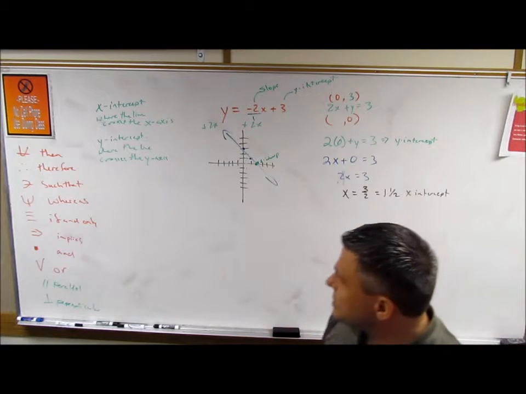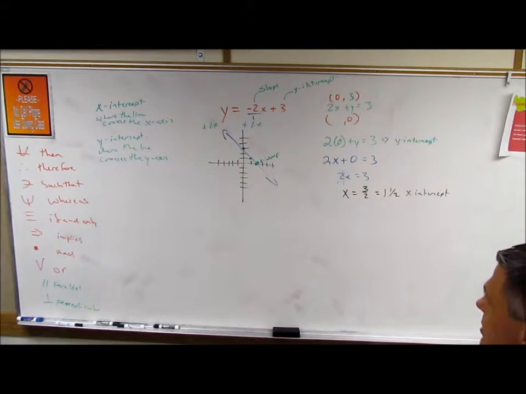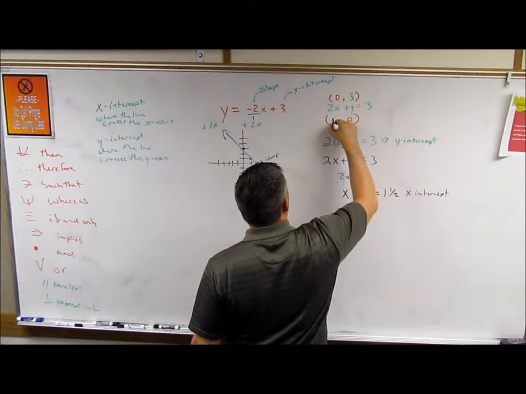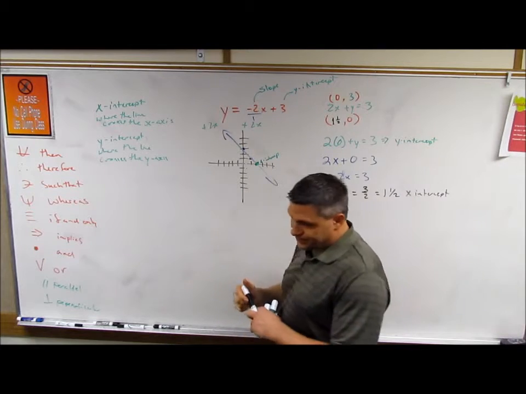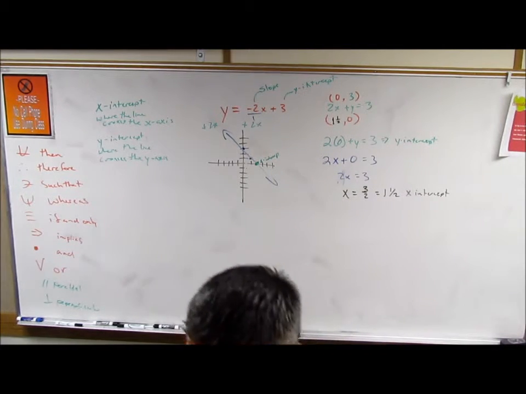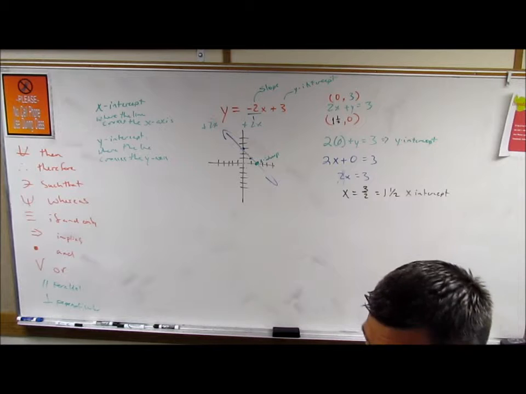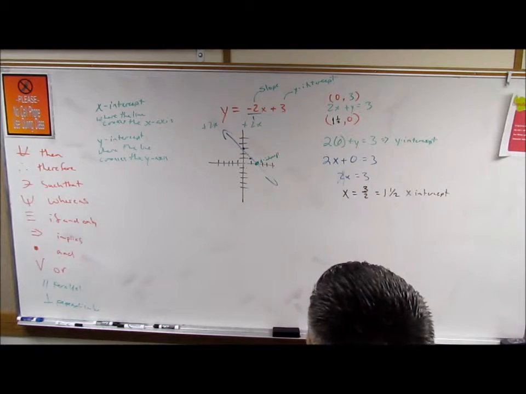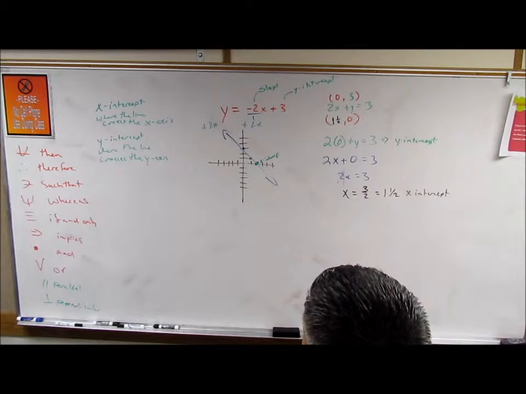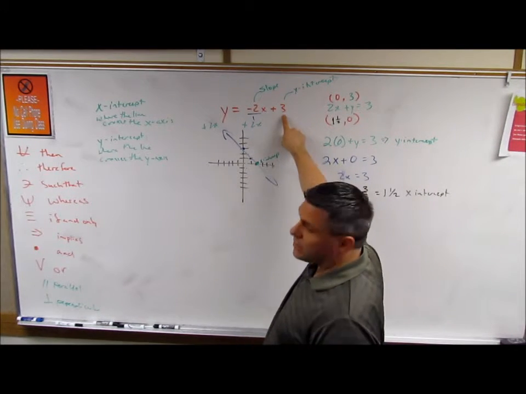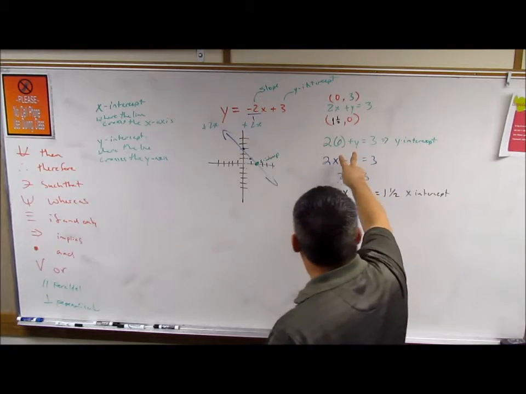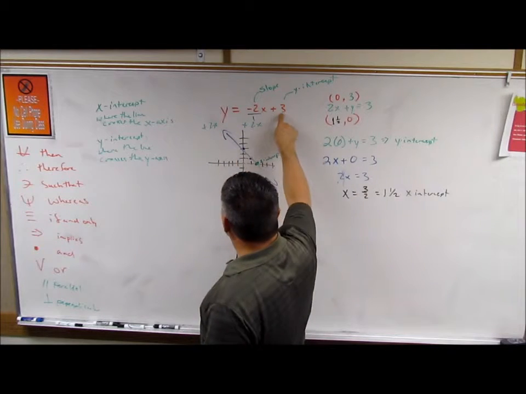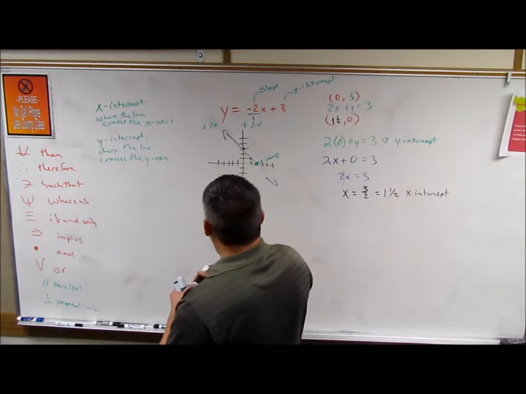This is a really good question to go over for x and y intercepts. Because now, instead of being 2, it's 1.5. Questions? I would have never known that 3 is the y-intercept because of the y that's already in the equation. Isn't the end always the y-intercept?